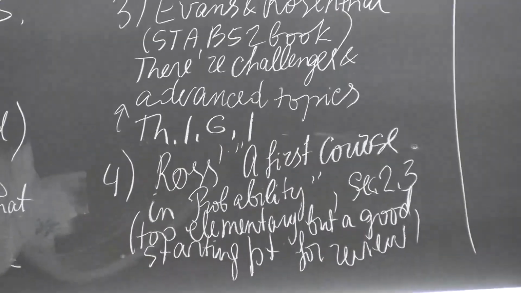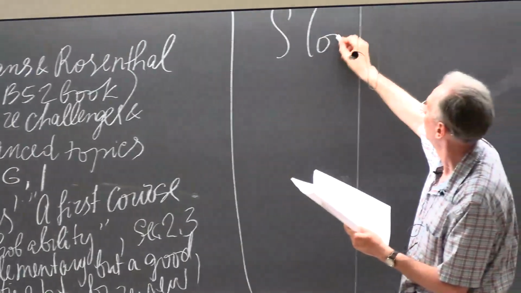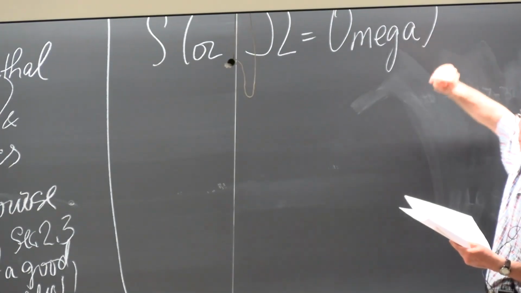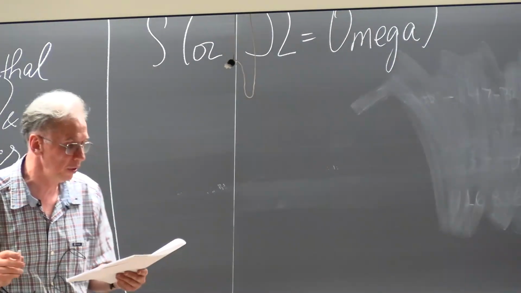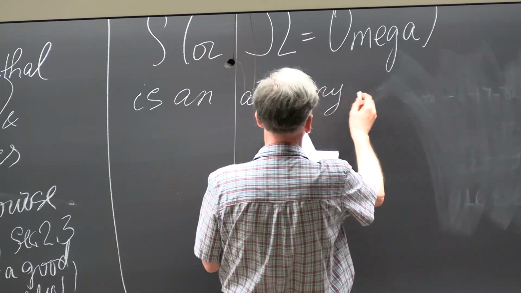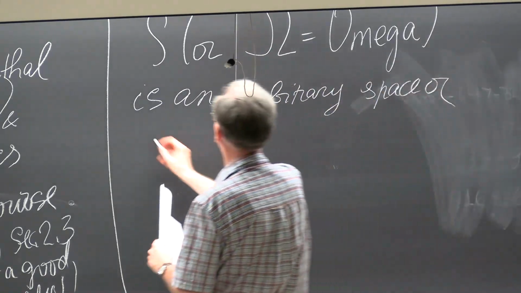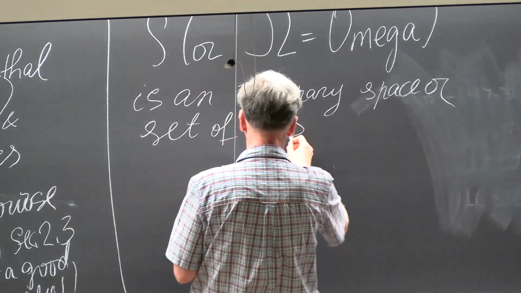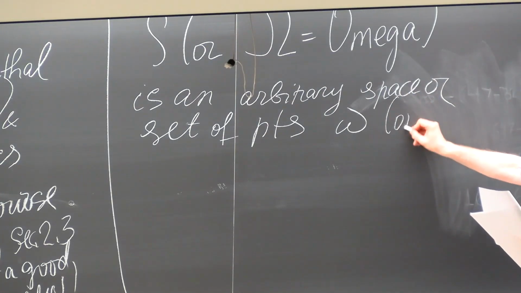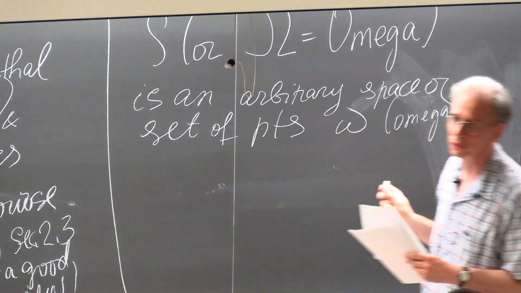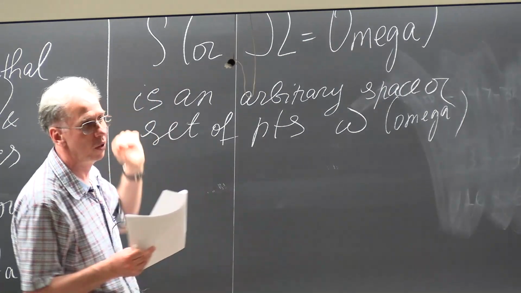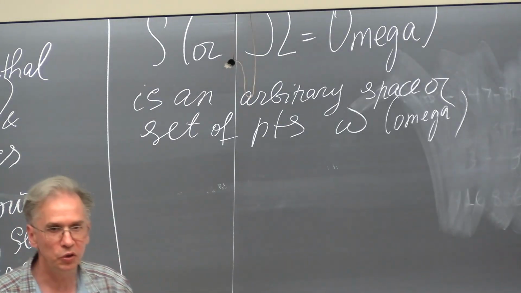Now, S or omega, this is the last letter of the Greek alphabet, which is frequently used in probability theory. It's an arbitrary space or set of points which we denote by omega. This is the lowercase omega. It's common to denote the sample space by the last letter of the Greek alphabet, though in this part of the world it's more commonly capital S, which stands for space.